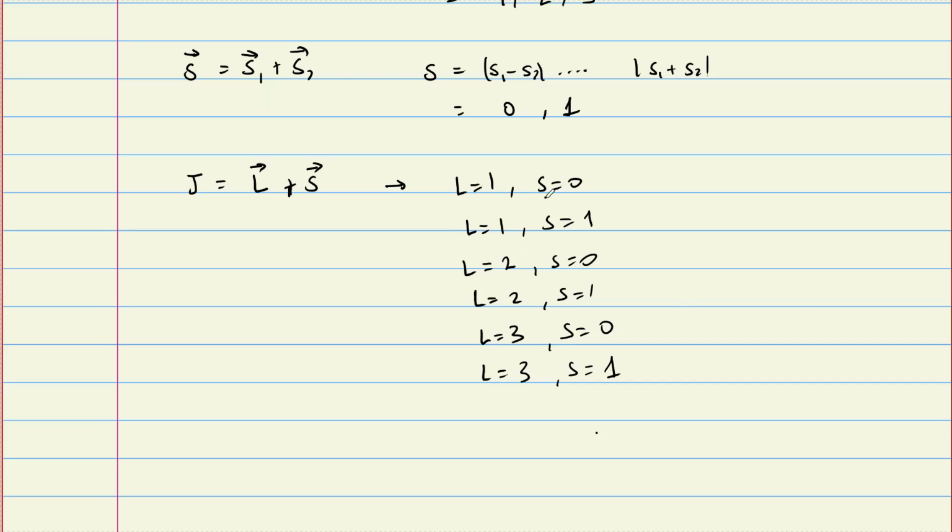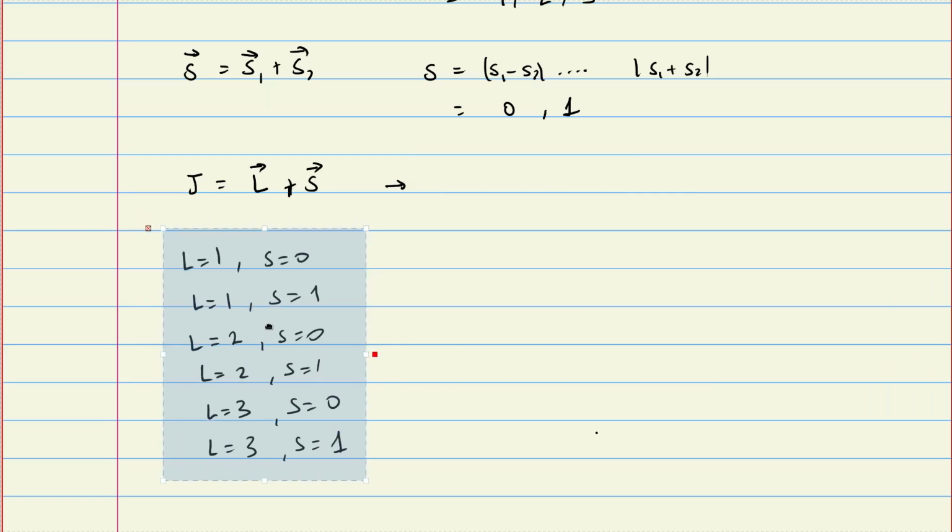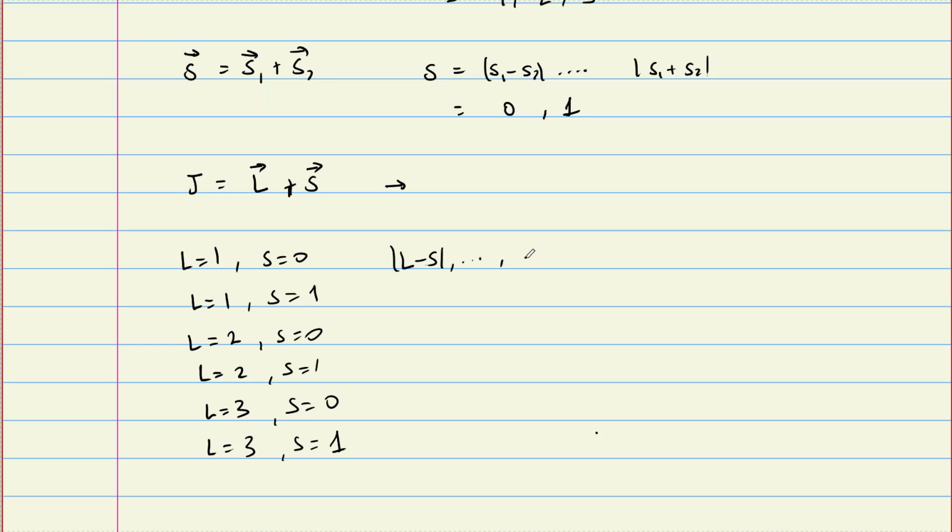And for this one, for example, let me just write and at least take one so that you can do the others if you are interested. For this one, I can have L minus S up to L plus S values. And it is going to give me L minus S is 1 and L plus S is 1. There will be only one possibility.